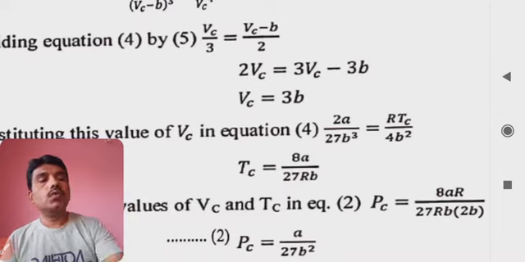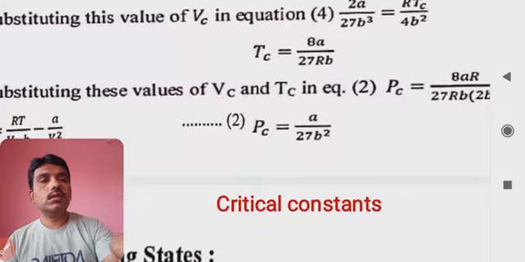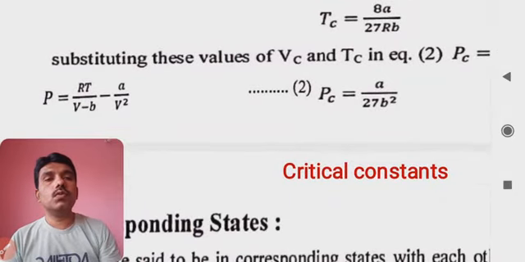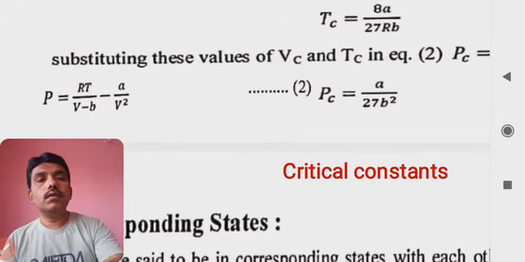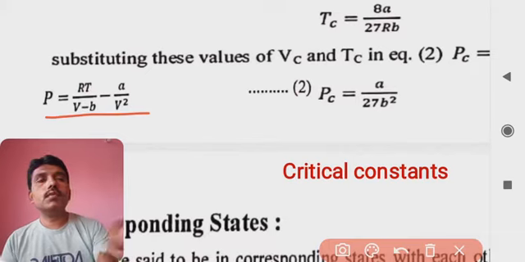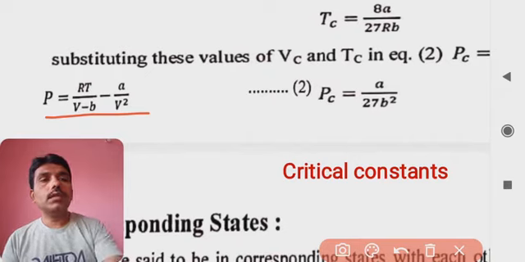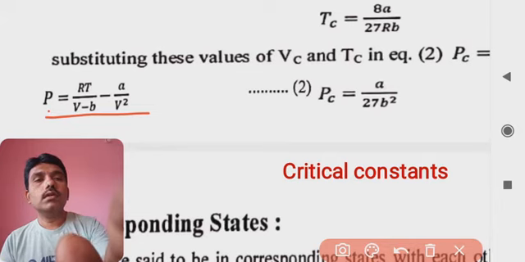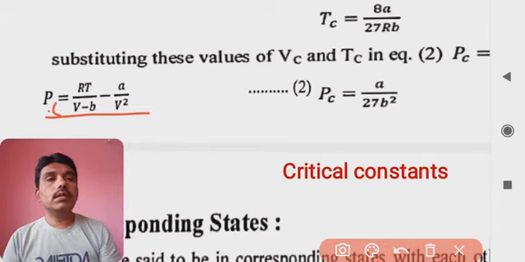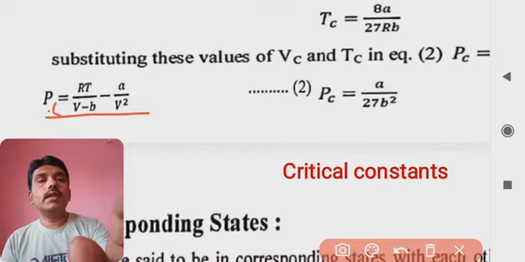To get the critical pressure we have to put these values of Vc and Tc in equation number 2. If you remember, equation number 2 was P is equal to RT divided by (V minus b) minus a upon V square. In this, if you put the values of Vc and Tc, then P will become Pc. RT will become RTc divided by (Vc minus b) minus a upon Vc square.